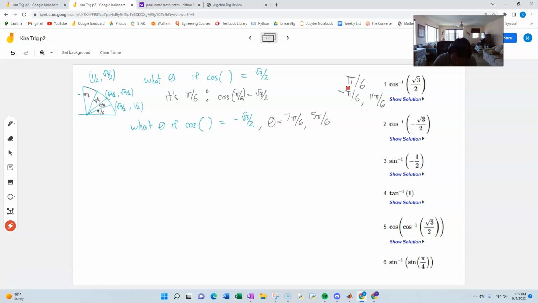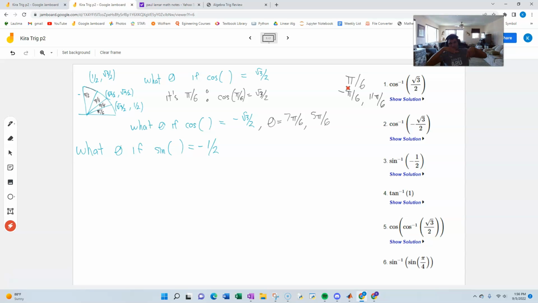Okay, let's ask the other question again. What's theta if sine equals negative 1/2? So where is my height going to equal negative 1/2 on the unit circle? It's definitely not the top part of the unit circle, right? Definitely not the top part.